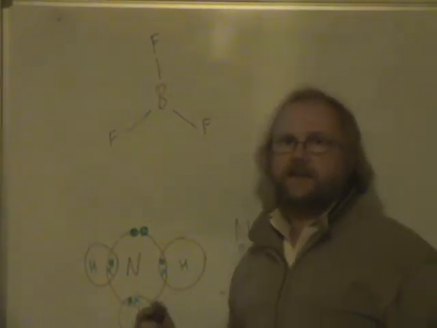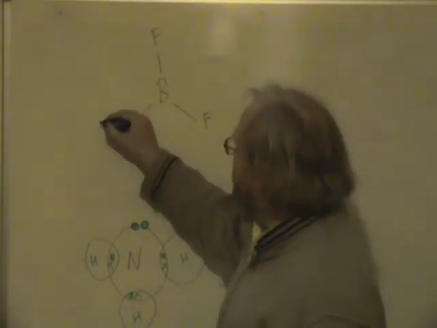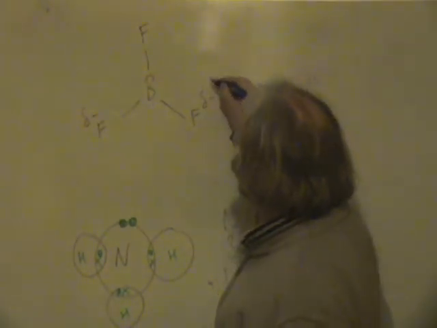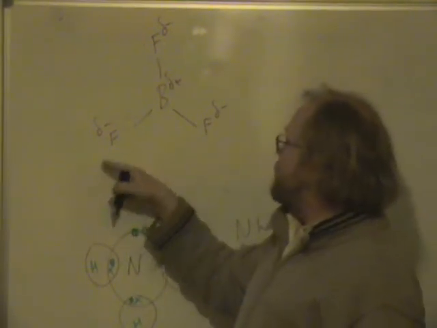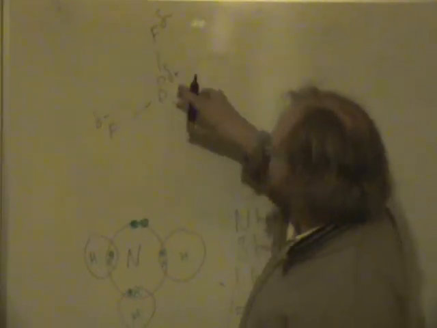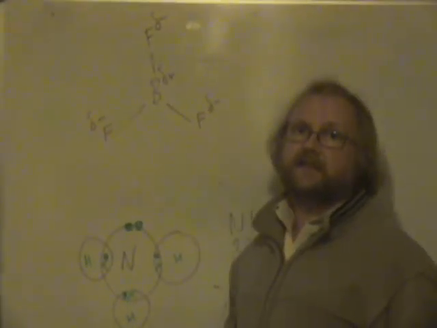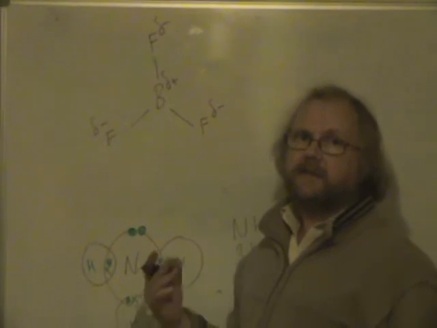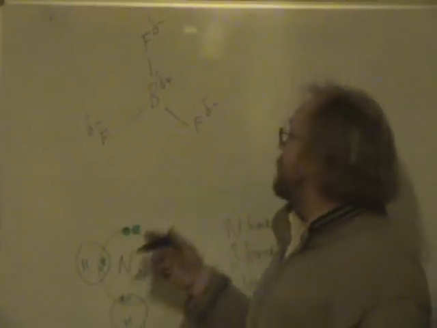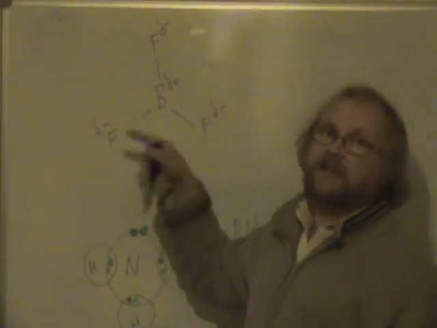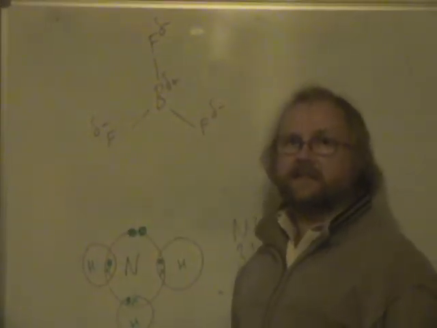And that high degree of symmetry means that although these individual bonds are polar, because the fluorines are all delta negative, the boron is delta positive, those 3 dipoles, this one, this one, and this one, cancel each other out and add up to 0. So what you say is that the molecule as a whole has no dipole because its symmetry causes the dipoles to cancel out.